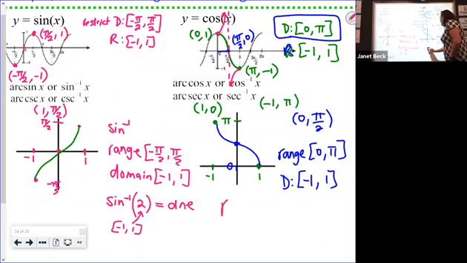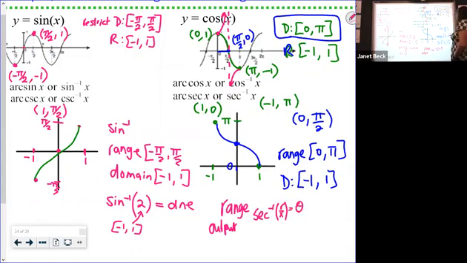So the range, the angles, the output for an inverse secant, r divided by x would be going in, the range coming out, the angles are still going to go from 0 to pi, but they're going to have this asymptote at pi over 2. When you see that written out, it goes 0, pi over 2 has to be excluded because there's an asymptote there. This still goes up to pi.